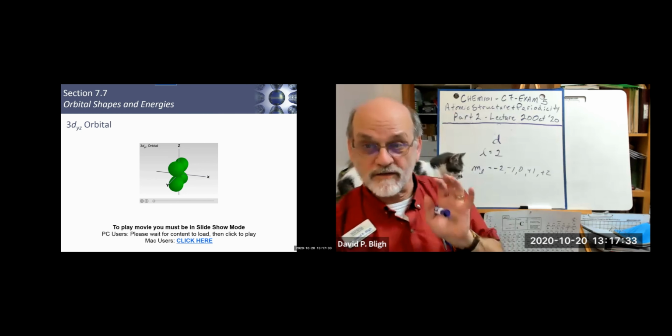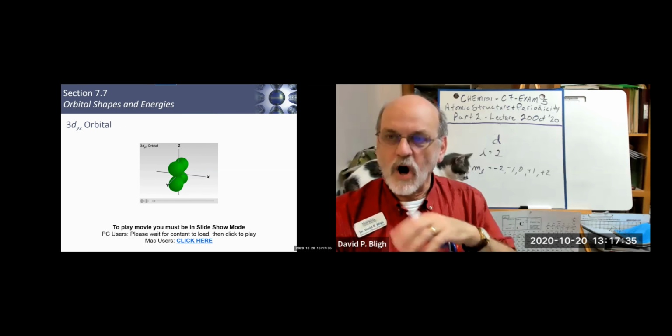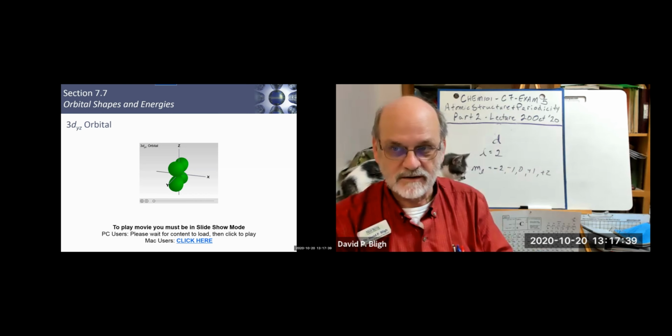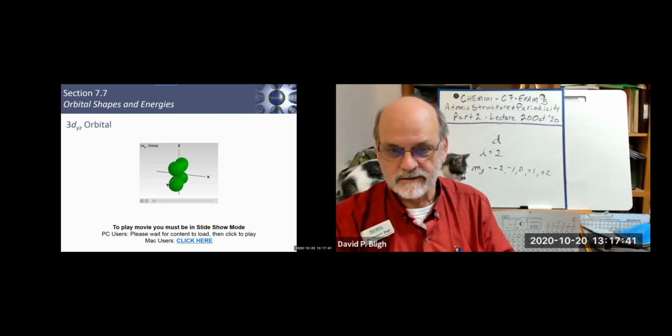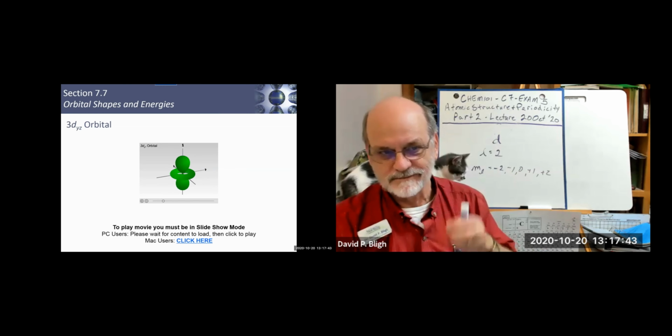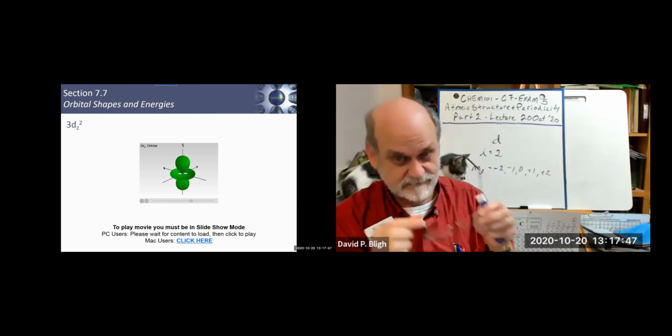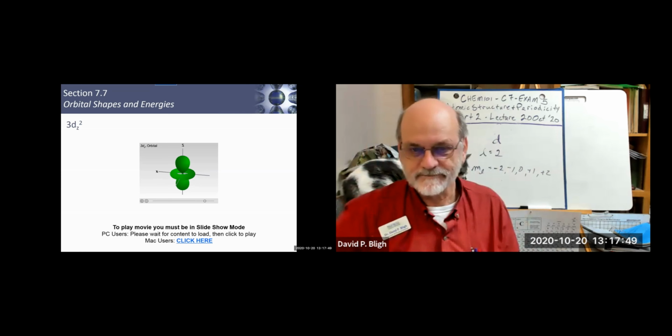Okay, so that's 4 of them, and they're all cloverleaf up to this point. But there's one more that's kind of weird. The 3dz2 orbital is shaped like a pz orbital with a donut of electron density around the center. It is aligned with the z-axis.